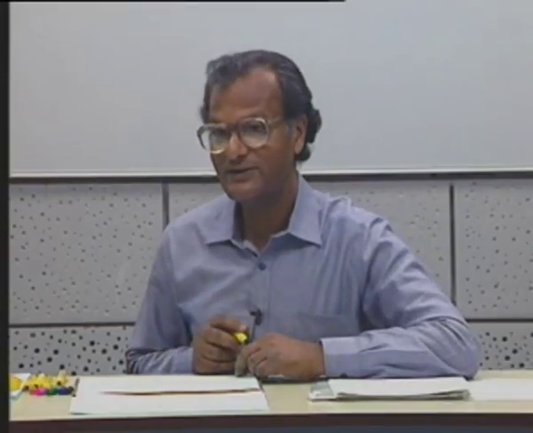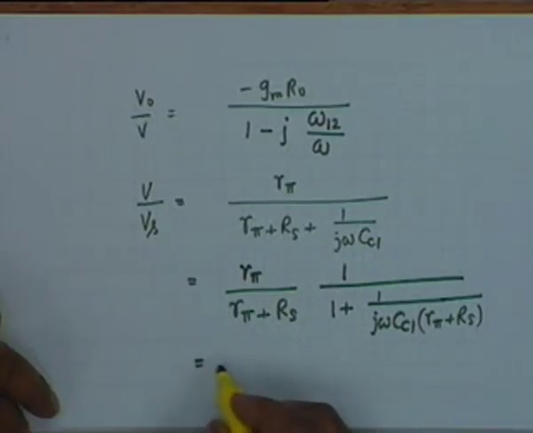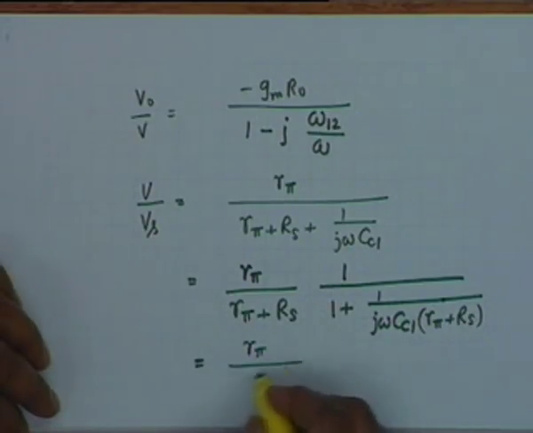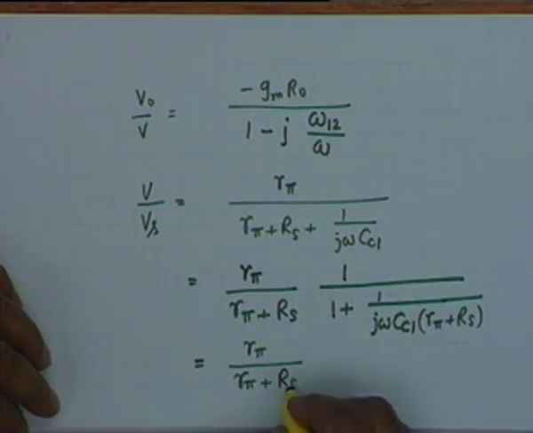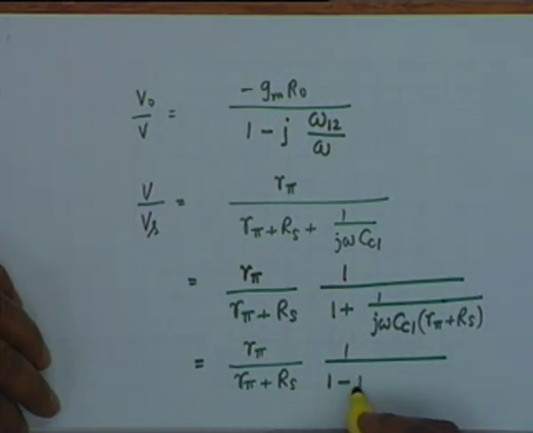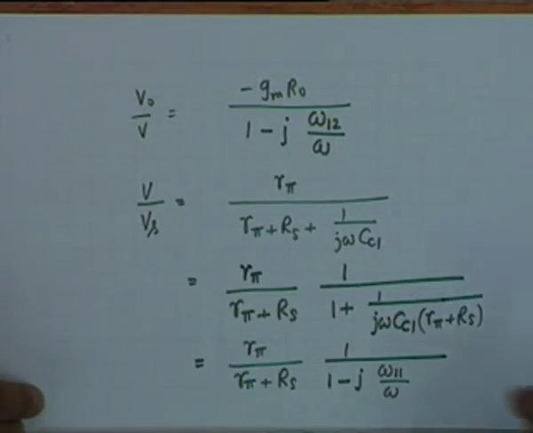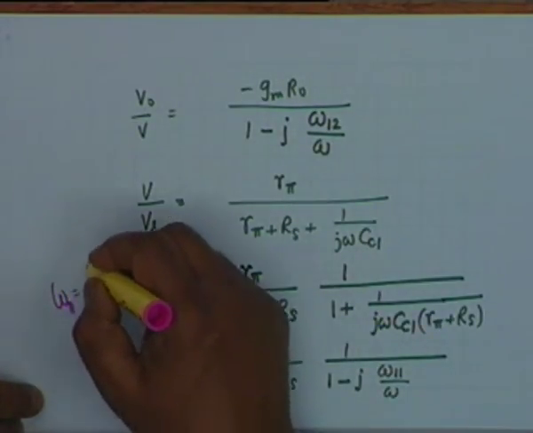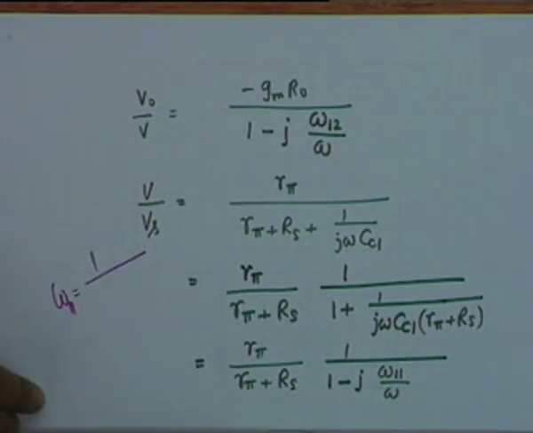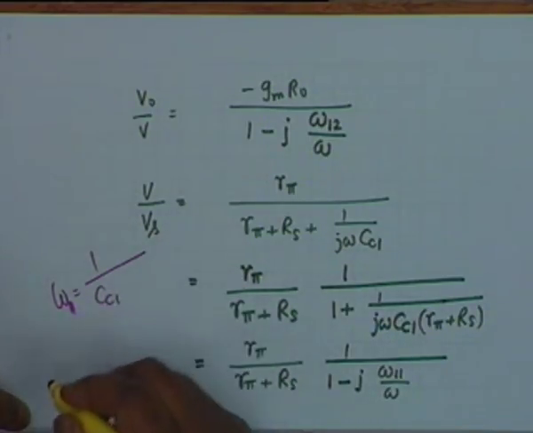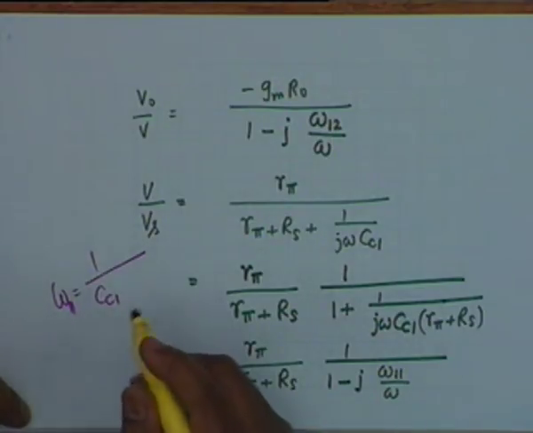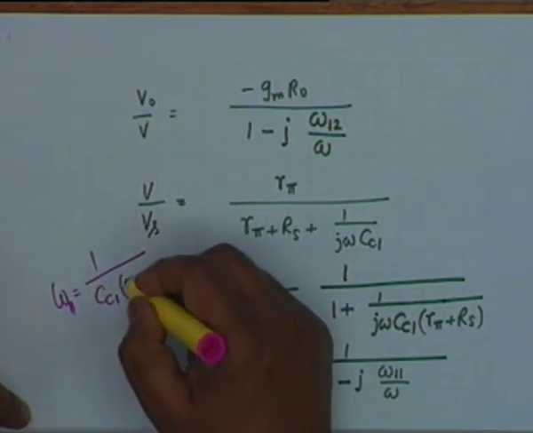Have I distorted anything? Not yet. All right. So I prefer to write this in the form R pi divided by R pi plus Rs times 1 minus j, 1 by j is minus j, and then I write omega 1 1 divided by omega, where omega 1 1 is now defined as the reciprocal of the time constant of the input circuit, which means Cc1 in series with Rs plus R pi.